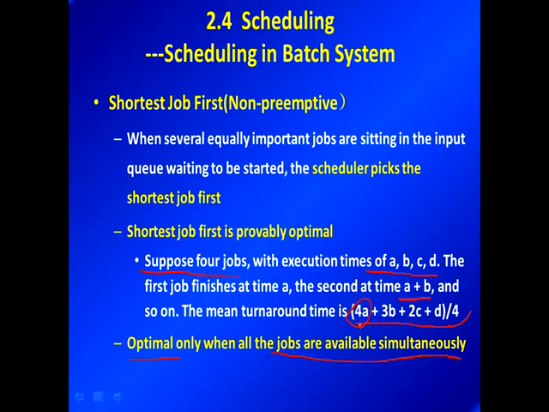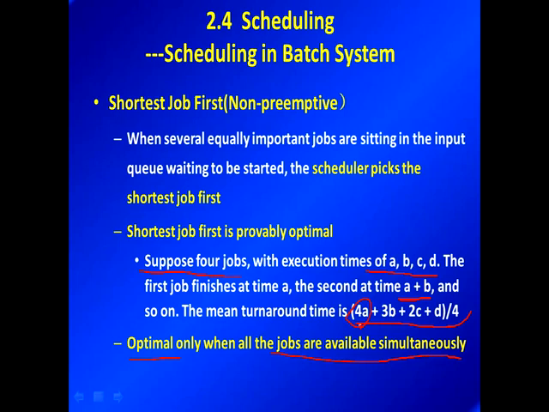So we just need to sort the 4 jobs based on their execution times. A is the shortest one, D is the longest one, and then we get the minimum turnaround time, which means SJF for these 4 jobs arriving at the system simultaneously is optimal.